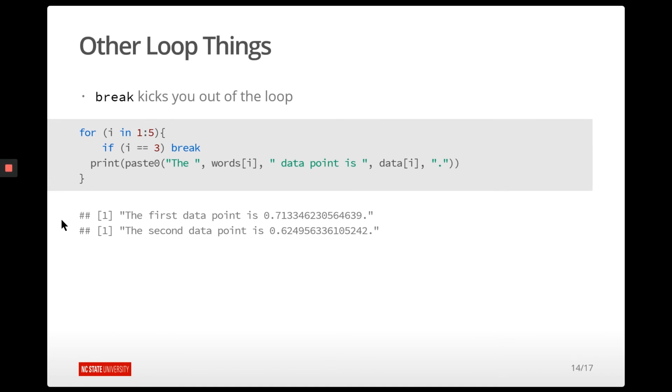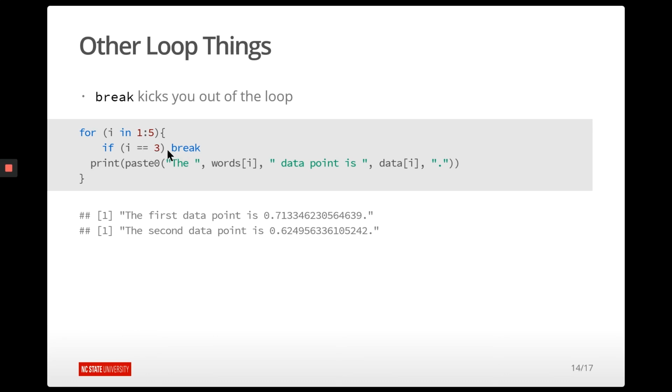Okay, so you hopefully have the basic idea for loops. Let's talk about some of the things that are useful to know to sort of kick out of a loop or to stop a loop or those kinds of things. The break keyword here will kick you out of a loop. So for instance, if we wrote this set of code, and now I have an if statement in here that says if my index is equal to 3, let's break, we'll kick out.